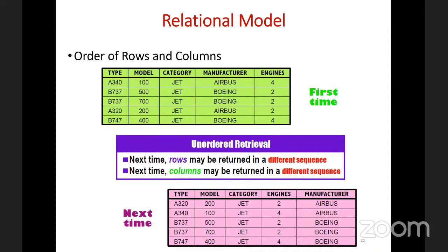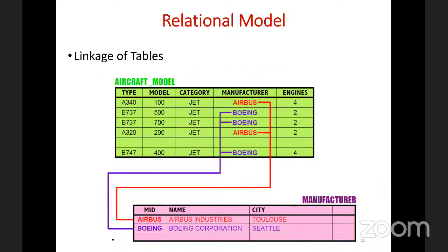In the index file, whether I appear before you or after you. So unless you want some ordered retrieval, where you say, okay, I want this column first, then this column, then this column, you need to tell it. Otherwise, it may be any order.